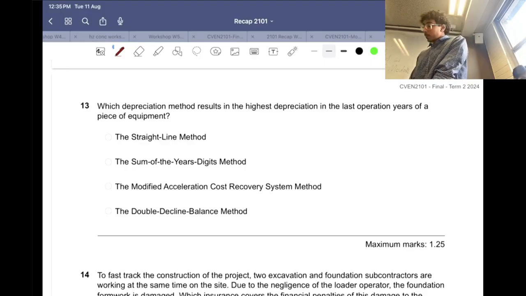So just off the formulas itself, the second and fourth one are very front heavy, which means the first few years are where it's going to depreciate the most. MACRS does follow that sort of system where it depreciates most in the first few years and then depreciates less as time goes on. The straight line method is fully linear, so it will depreciate the same amount as it depreciated in the very first year, which makes the straight line method the answer for this question. It's more back-ended, I guess.